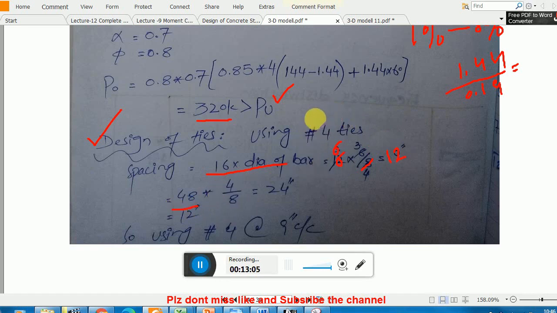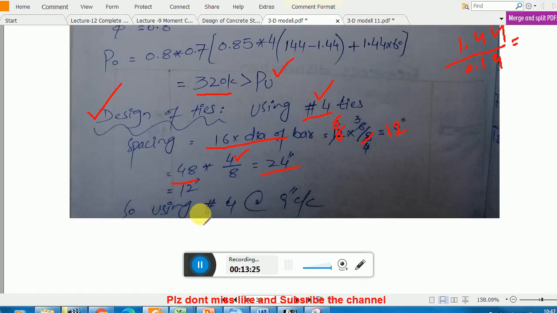And 48 times the diameter of the stirrup. We are using a number 4 tie, although this should be number 3, because if the main bar is number 11 or larger we use number 4, but you can use it anyway. And 48 times the diameter of the tie, you do the calculation, and 12 inches.